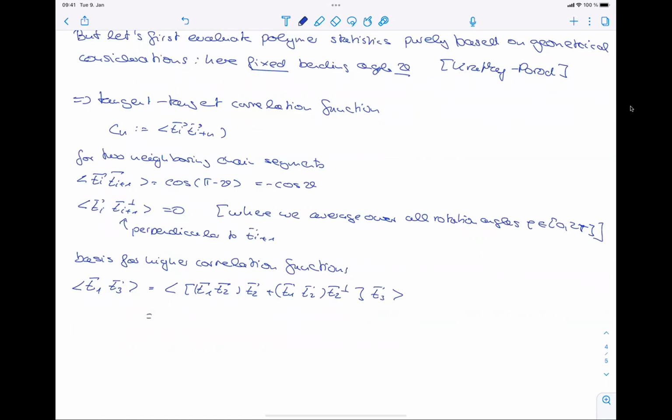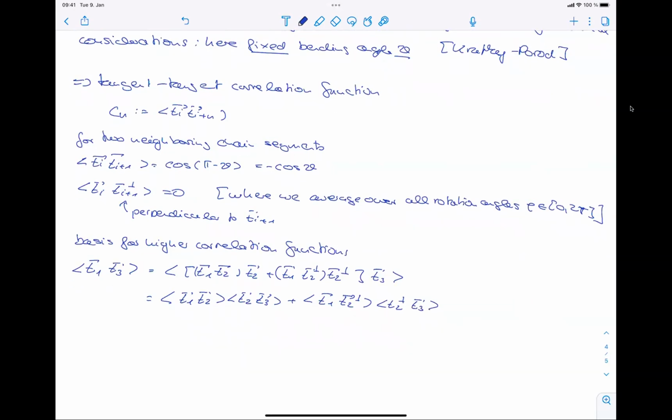And then we can evaluate these individual terms to see that this is T1, T2 and T2, T3, plus now T1, T2 and T2, T3.